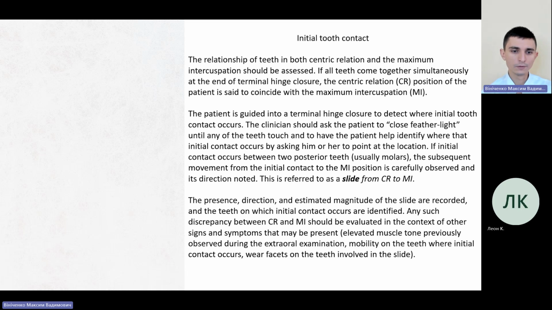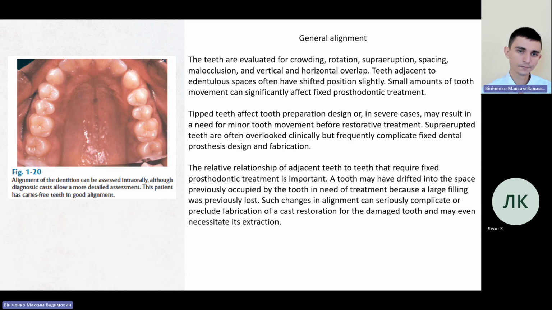Any such discrepancy between CR and MI should be evaluated in the context of other signs and symptoms that may be present: elevated muscle tone previously observed during the extraoral examination, mobility of the teeth where initial contact occurs, and wear facets on the teeth involved in the slide.